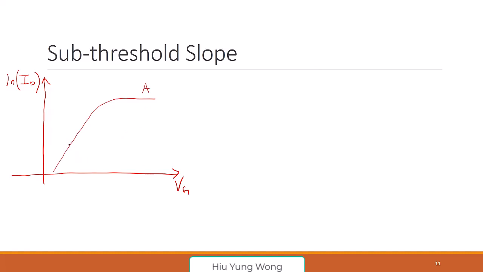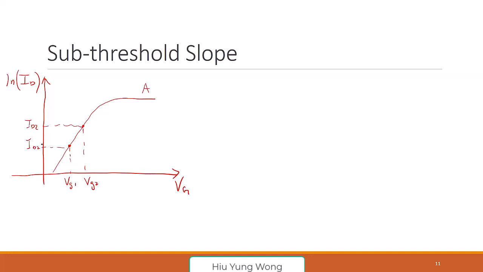So subthreshold slope is telling us, I have VG1, VG2, and then I have ID1 and ID2. What is the meaning of subthreshold slope again? Someone tell me.